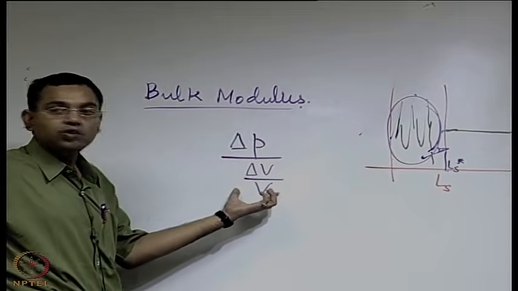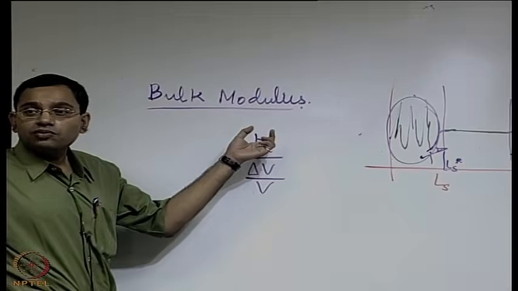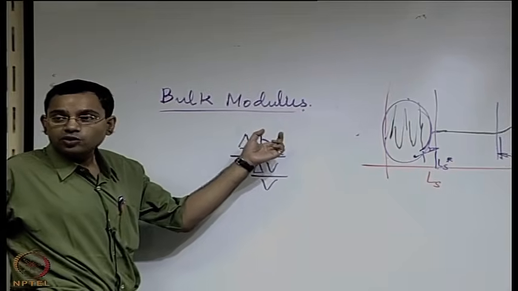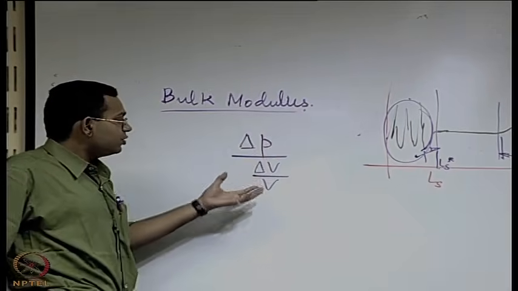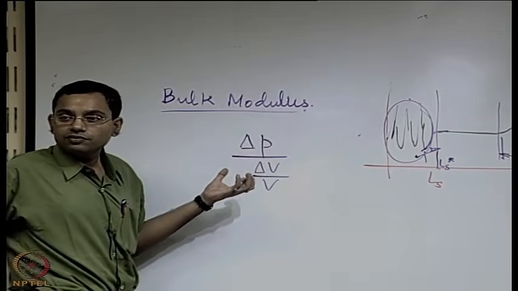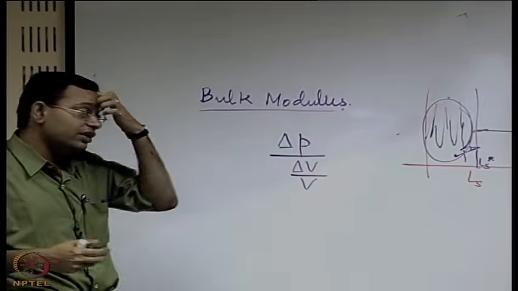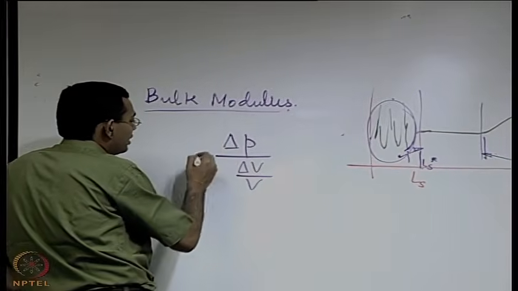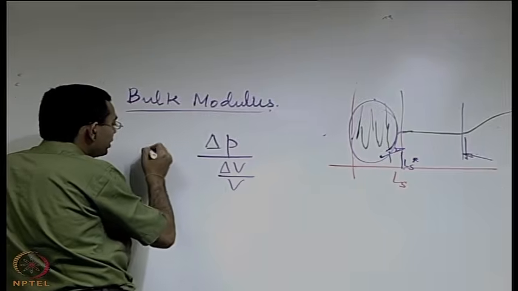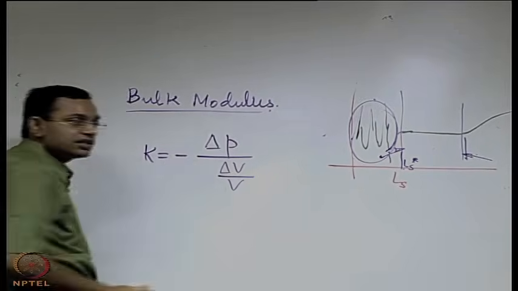So this is a kind of volumetric strain, and this is the pressure differential which is responsible for the volumetric strain, and you expect that if delta P is positive, delta V is negative, because if you press a fluid element it should compress, its volume should decrease. If you want to give the corresponding fluid property a positive number definition, then you should adjust it with a negative sign.